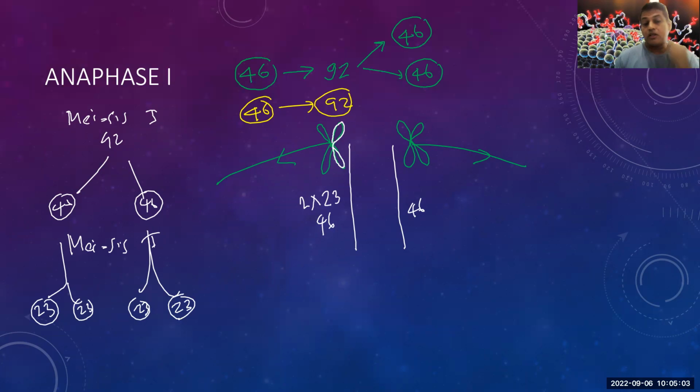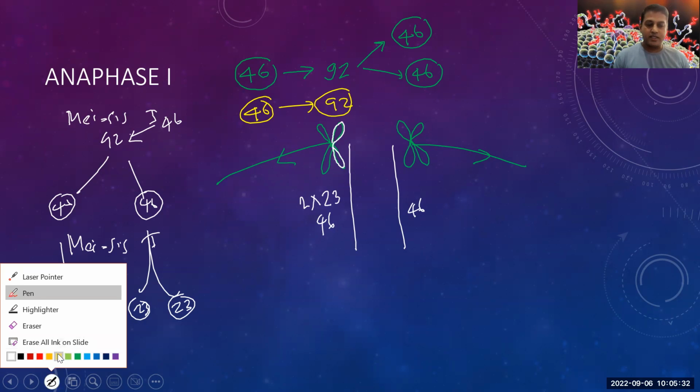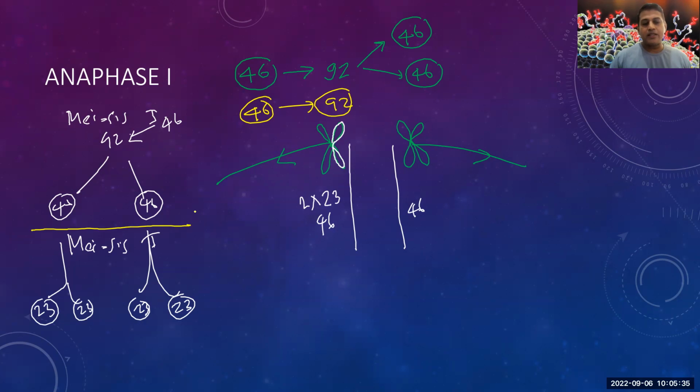Right. Now, this is the duplicated one from 46, right? If you look at this 23, it is half the number of chromosomes. Why? Because a human has 46 chromosomes, and now it has 23 chromosomes. But we consider the real reduction division, the reduced chromosome, to happen at this place.